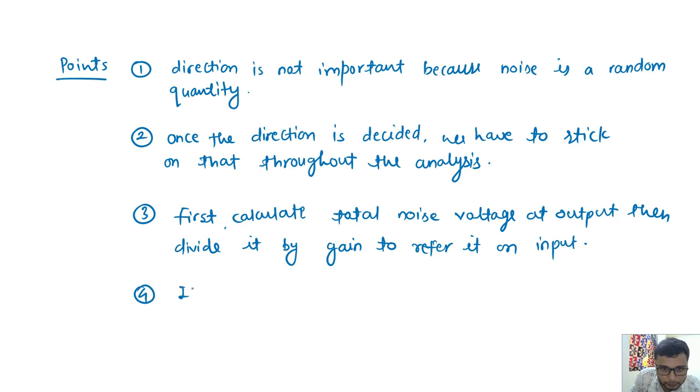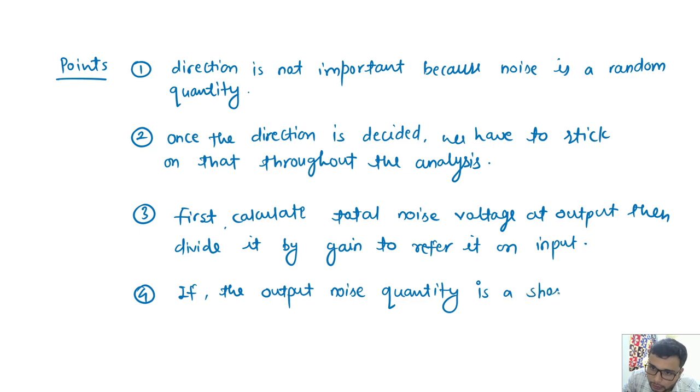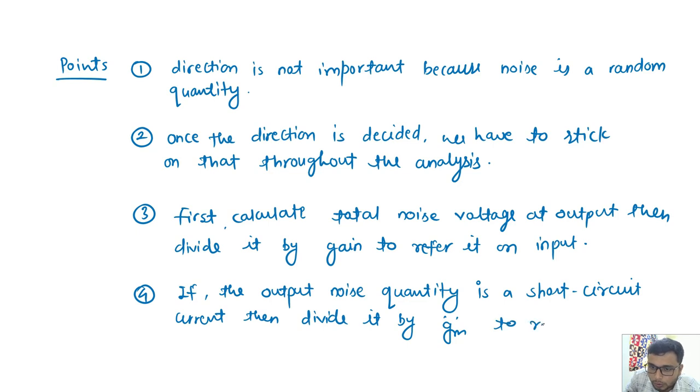And if the output noise quantity is a short circuit current, then divide it by GM to refer it to the input. So there are two methods to refer the complete noise to the input. That is called the input referred noise.